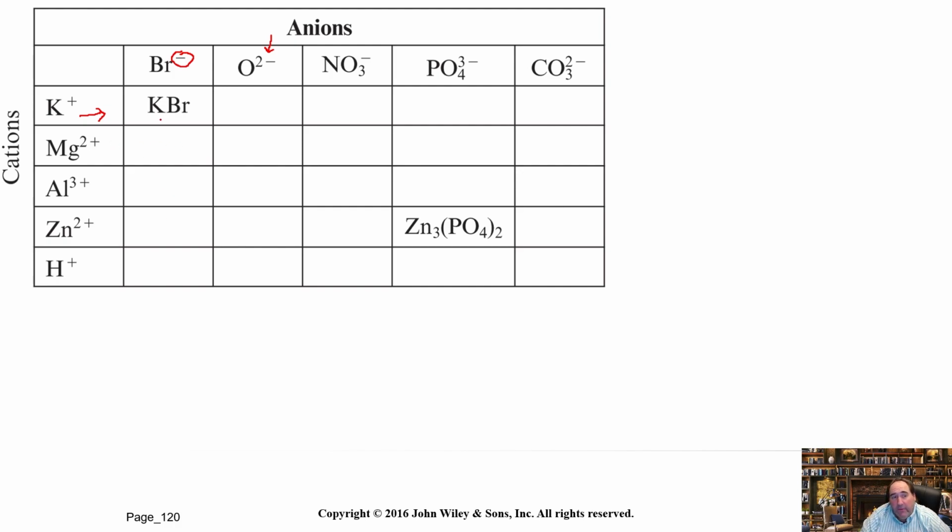Again, to equal 0, we would need not 1, but 2 of the potassiums and only 1 of the oxygens there. Coming to our next one here, this is a polyatomic ion, has basically an overall charge of -1 that we're putting together here with a +1, which means we just need 1 of each, which will give us KNO3.